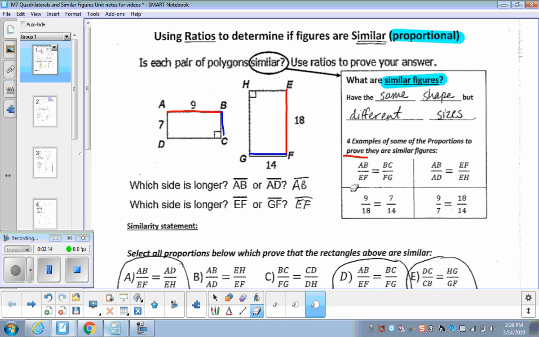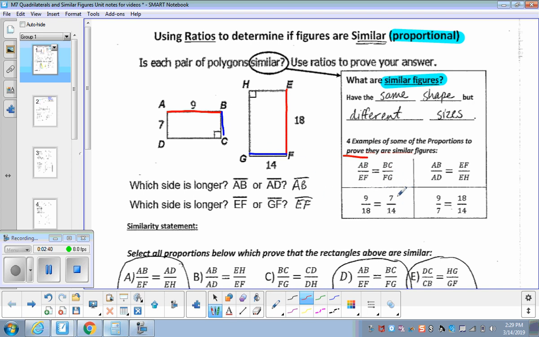Now this proportion right below has everything filled in with numbers. So I could ask you, does this numerical proportion prove similarity? Side AB is the 9, and side EF below it is the 18. Over here, side BC is the 7, and side FG is the 14.